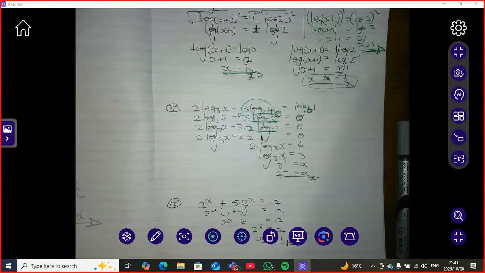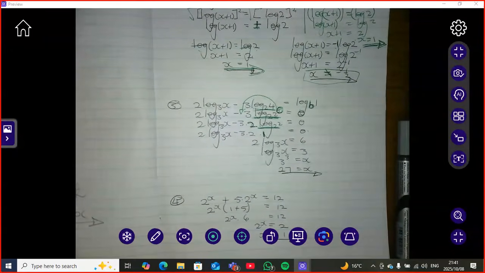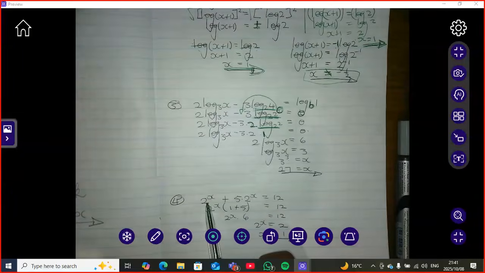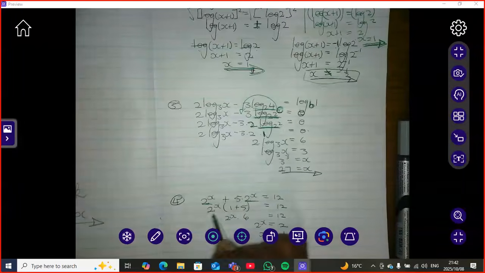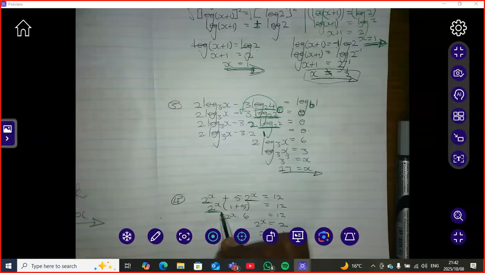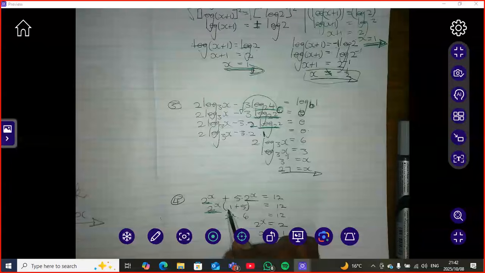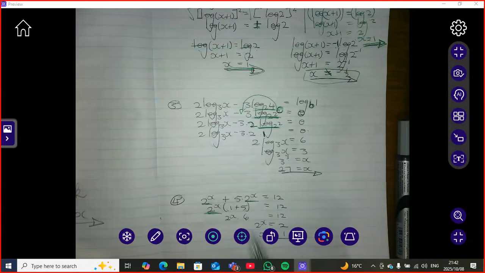Okay, let's see. Next one is exponents. So I have 2 to the power of x plus 5 times 2 to the power of x equal to 12. Highest common factor: I factorize out a 2 to the power of x. Can you see that? 2 to the power of x is my common factor. I put it down there. What is left over? A 1 and a 5, 1 plus 5.